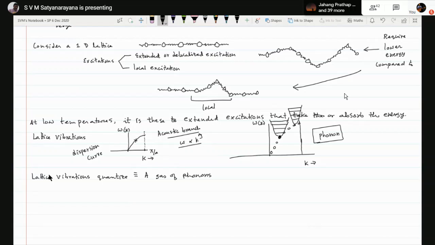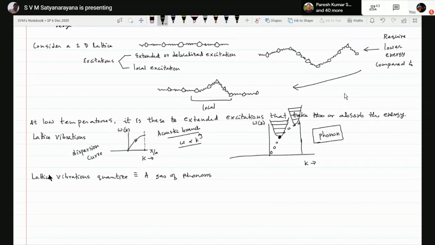Now, a phonon is like a photon. A phonon has no chemical potential, in the sense that you can create or destroy a phonon without any cost in energy.